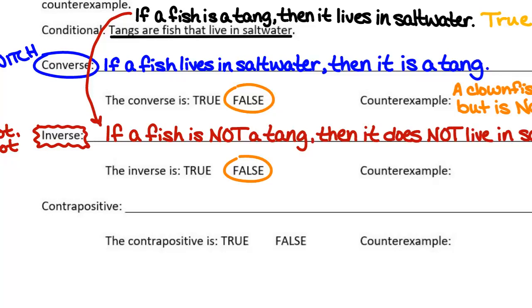Could I use the same counterexample from before? I could. Or I could think up a new counterexample if I wanted to. They gave us some other kinds of fish up top, didn't they? What were the other kinds of fish they told us about? Surgeonfish and unicorn fish. Are those fish tang? No. Do they live in salt water?